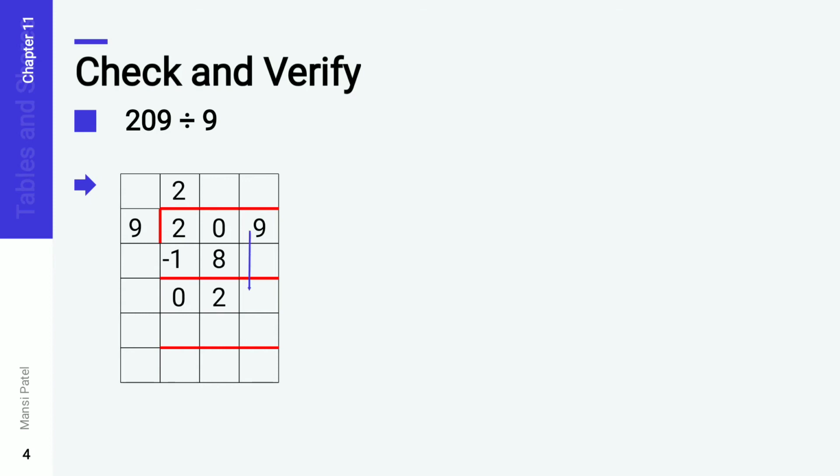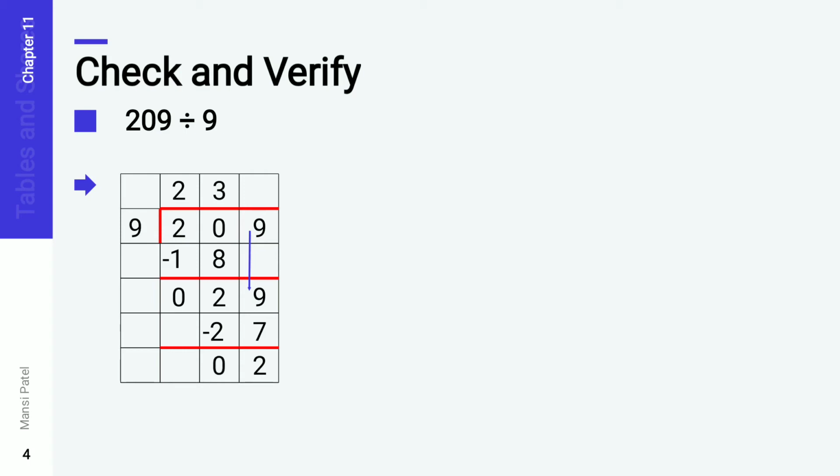Now 9 comes down. So it becomes 29. Now in the table of 9, you are not getting 29. Less than 29? Yes. Where is it? 9 threes are 27. So do the subtraction. 9 minus 7, 2, and 2 minus 2, that is 0.